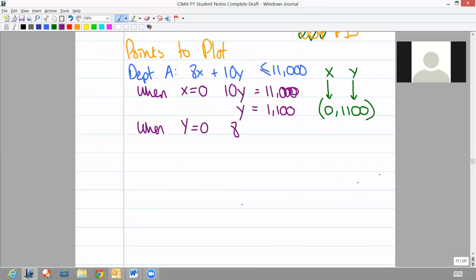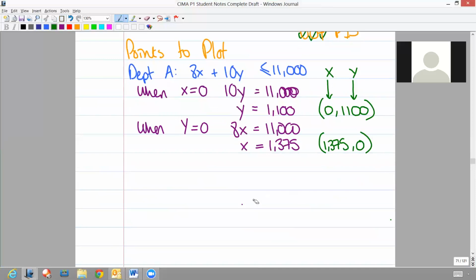Well, what we have is 8x, which must equal our 11,000. Therefore, x must equal 1,375 units. So if we didn't make any of y, we could still make 1,375x. That gives you your x coordinate, which is 1,375.